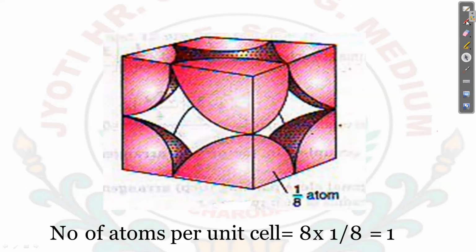You can see here that for one atom, only 1 by 8th part is being used in a single unit cell. Like this 1 by 8th part, how many of them are there? 1, 2, 3, 4. Below here 5. This back one 6, 7, 8. So here 8 into 1 by 8. So these 8 parts together constitute a single atom here.